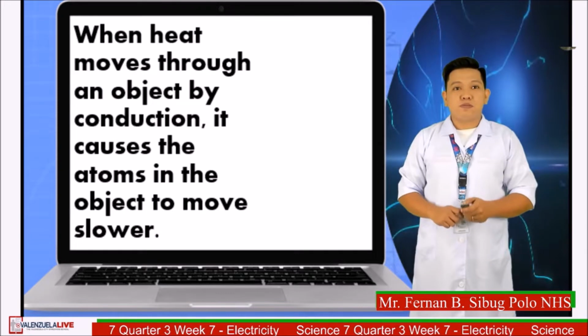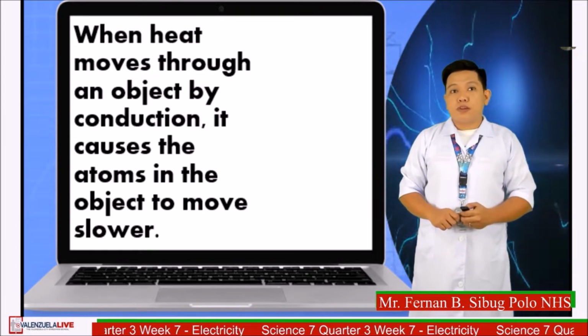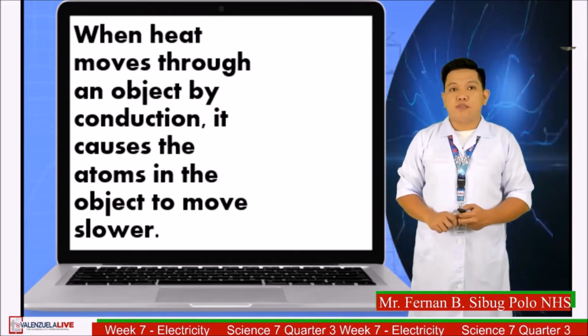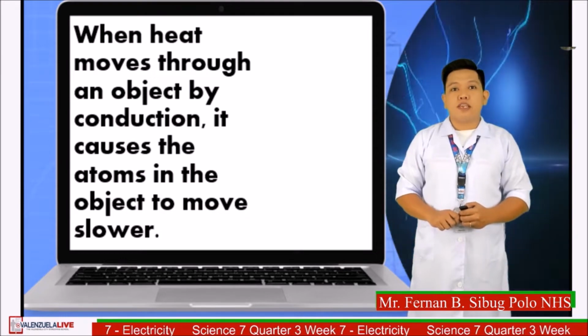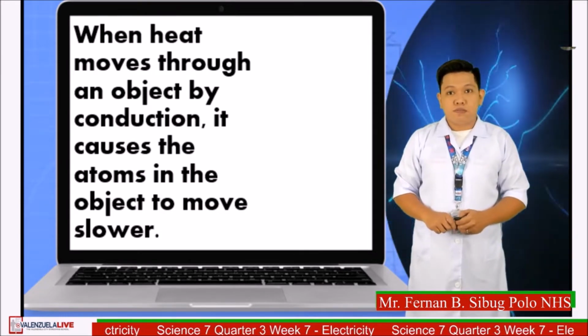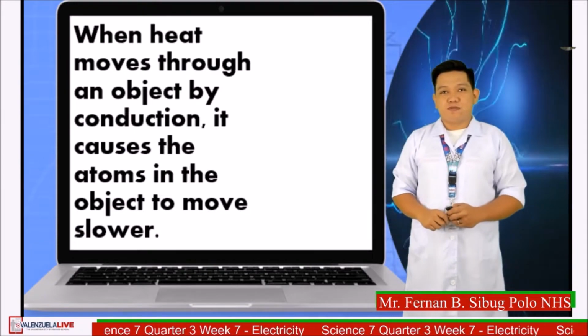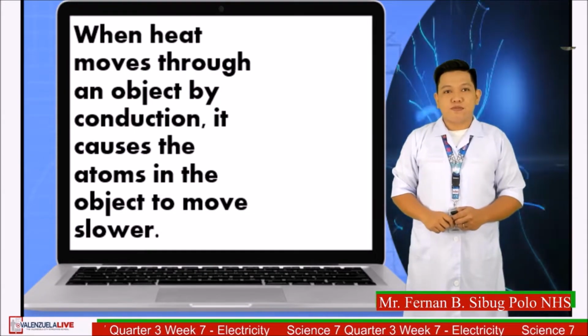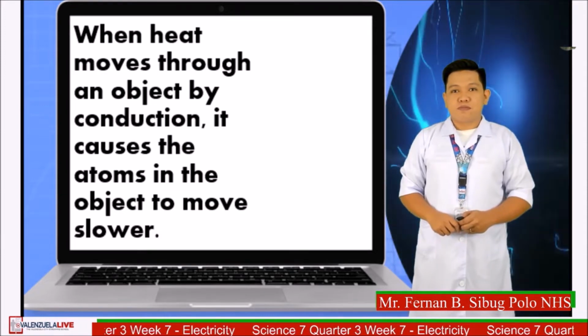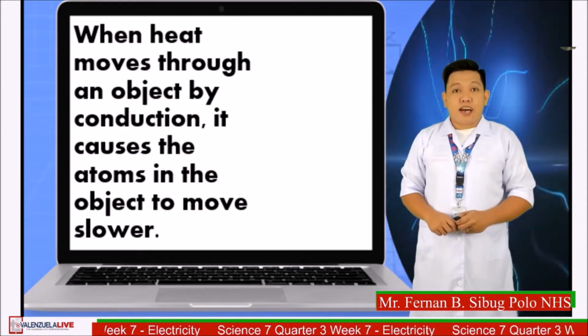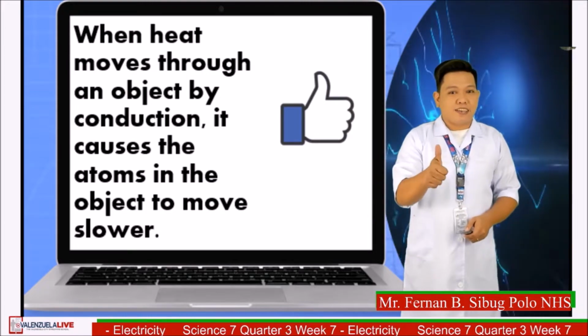Number 3. When heat moves through an object by conduction, it causes the atoms in the object to move slower. Is it heart or like? Click your answer. The correct answer is like.